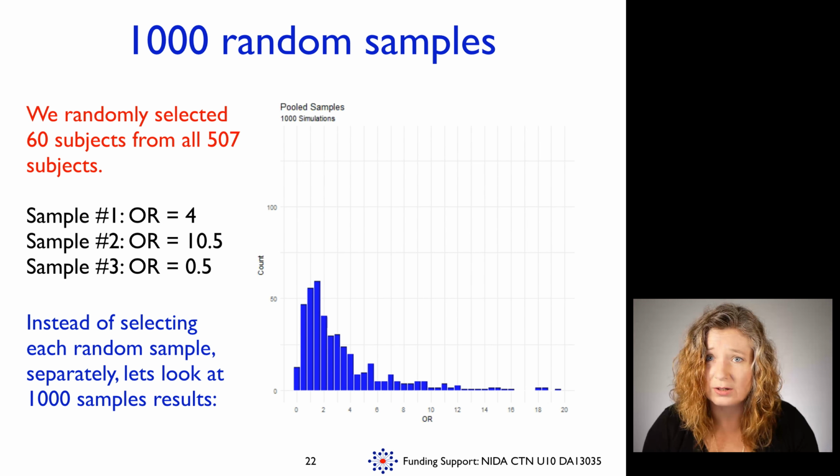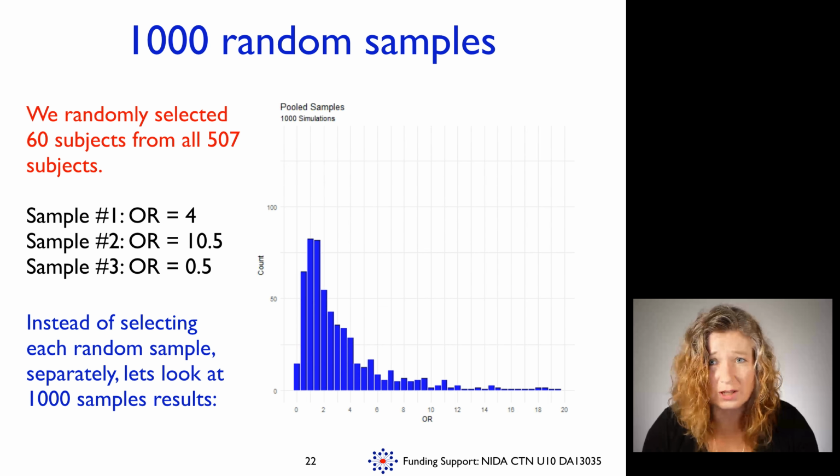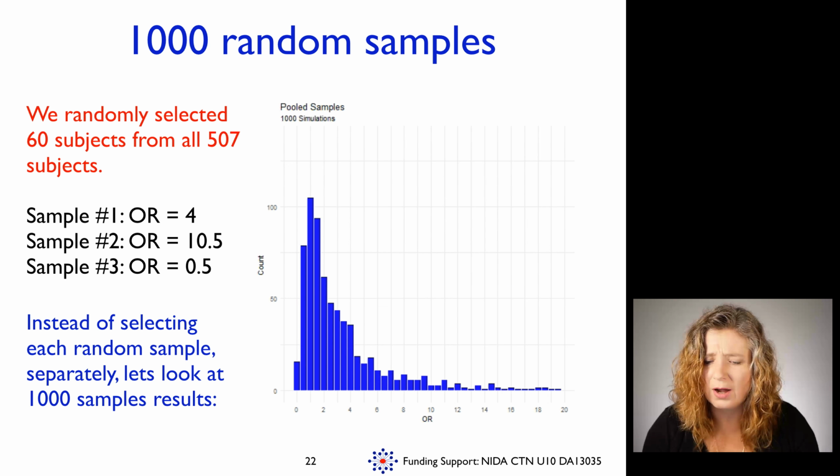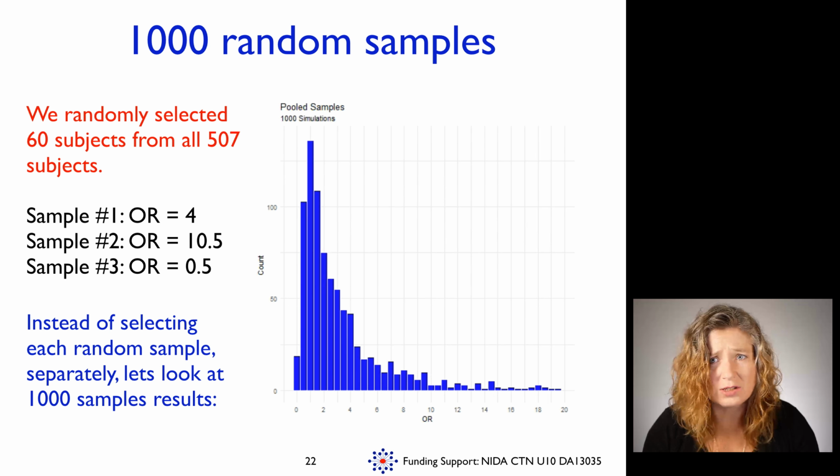That's where the blue bars are the highest. But once in a while, the odds ratio is very close to 0, saying that treatment is really worse than tau. And once in a while, the odds ratios are up to 18, 19, very, very large, suggesting that treatment is very much better than tau.